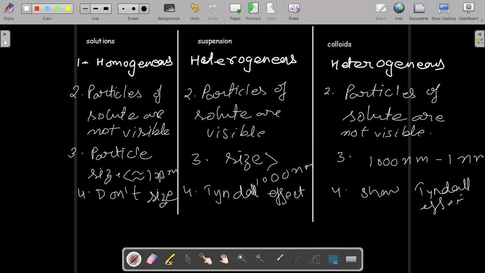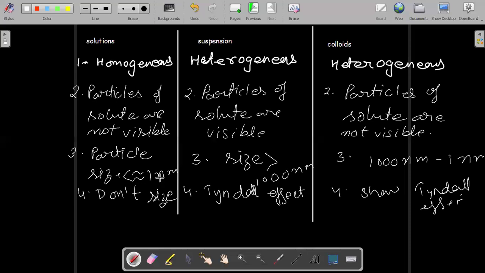Any other differences if anyone can think of? Just think of the differences. Sir, I have a doubt in the fourth point. In whichever solution or suspension or any mixture, if I want to show the Tyndall effect, the particle size should be more than 1 nanometer. Not just 1 nanometer.